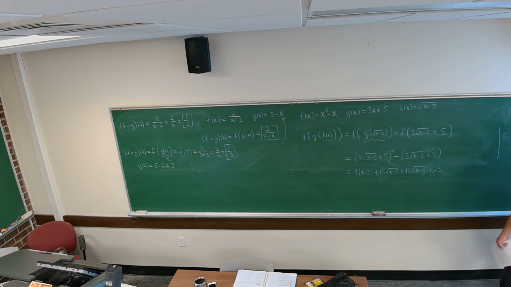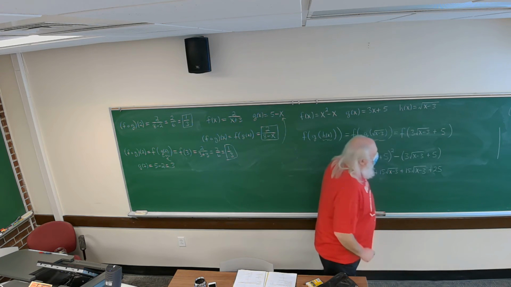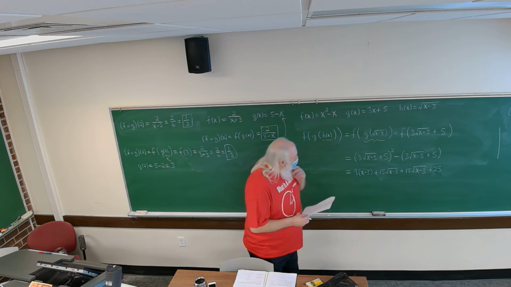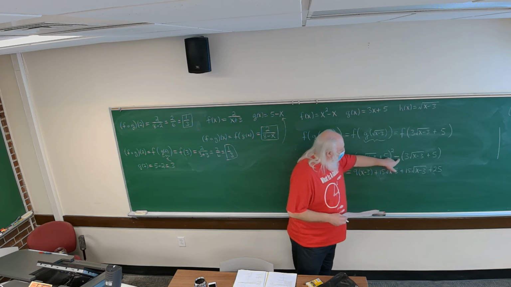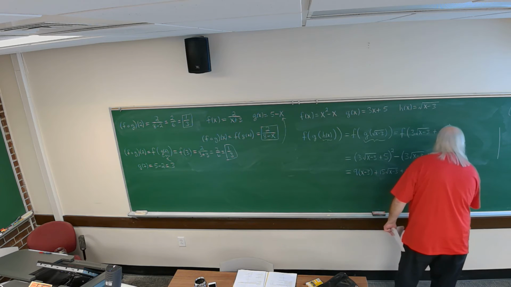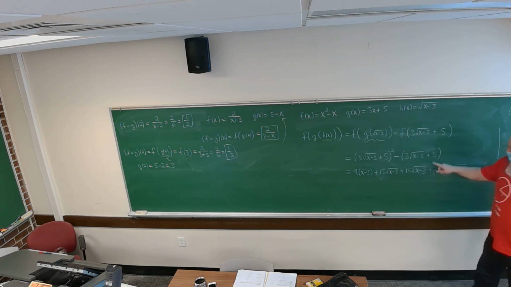Last terms is 5 times 5 in the binomial expansion. Now when you distribute the minus sign inside the parentheses, you have minus 3 times the square root of x minus 3, and then plus 5 becomes minus 5.